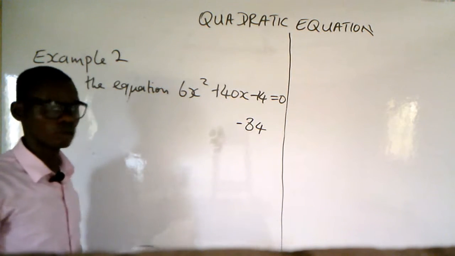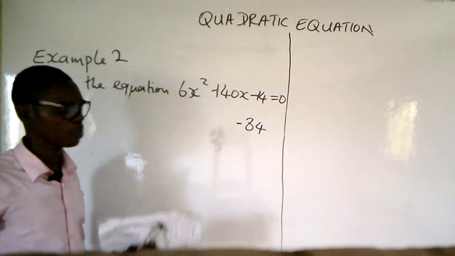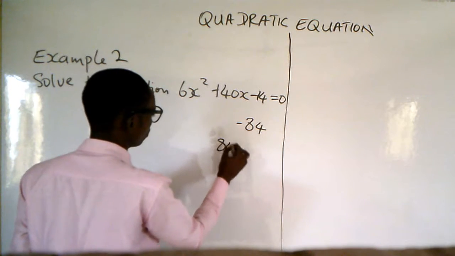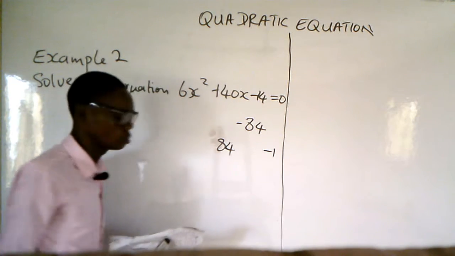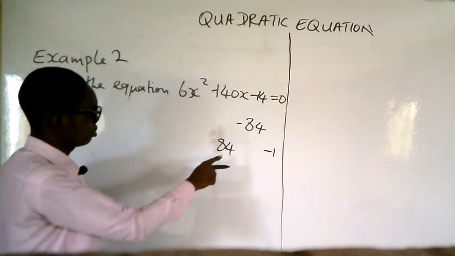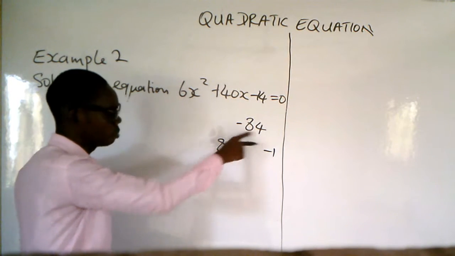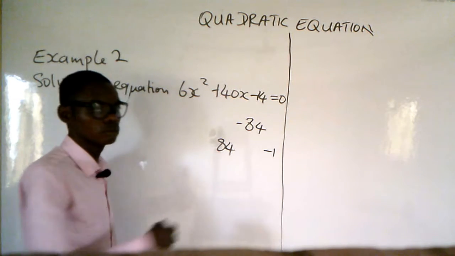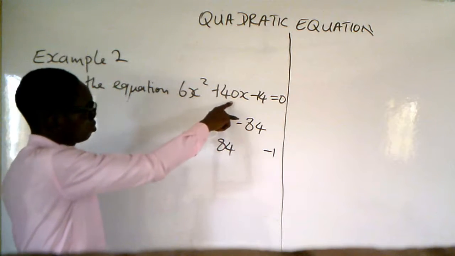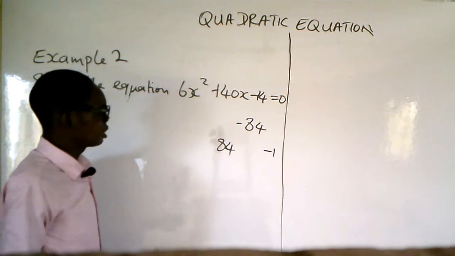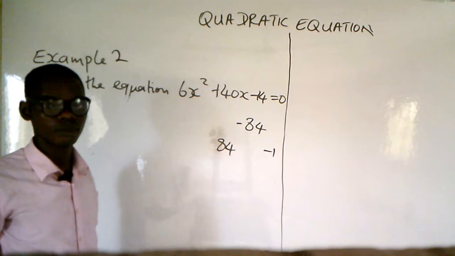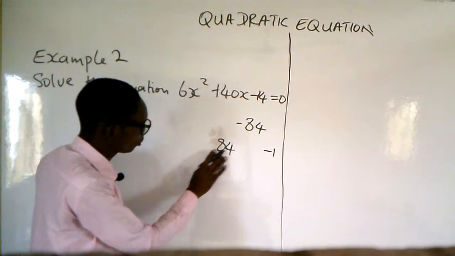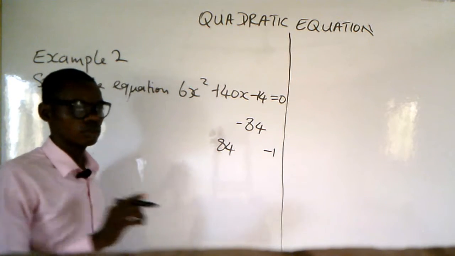So how do I get the two numbers? Now let me try 84 and minus 1. 84 times minus 1 will give me minus 84, but 84 minus 1 is 83. So it's not 40. Now let's try another two numbers. How do we get them? Let's do division and multiplication using 2.